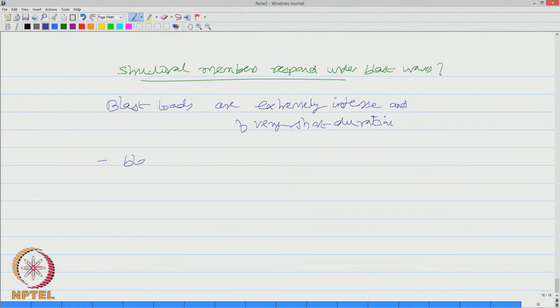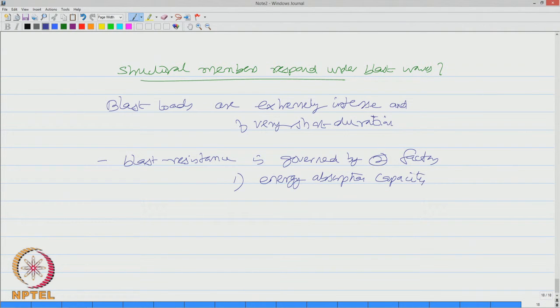Therefore, blast resistance is governed by two factors. The first factor is energy absorption capacity of the construction material of the member.